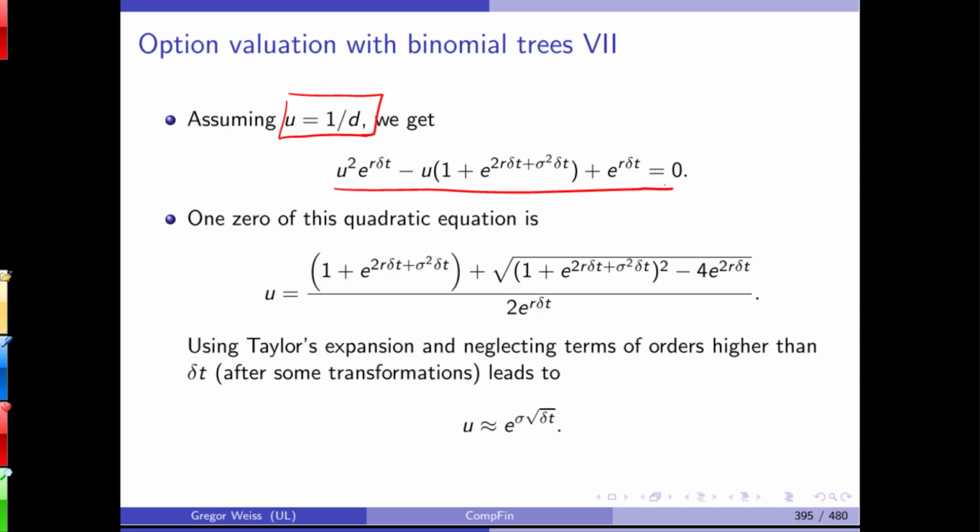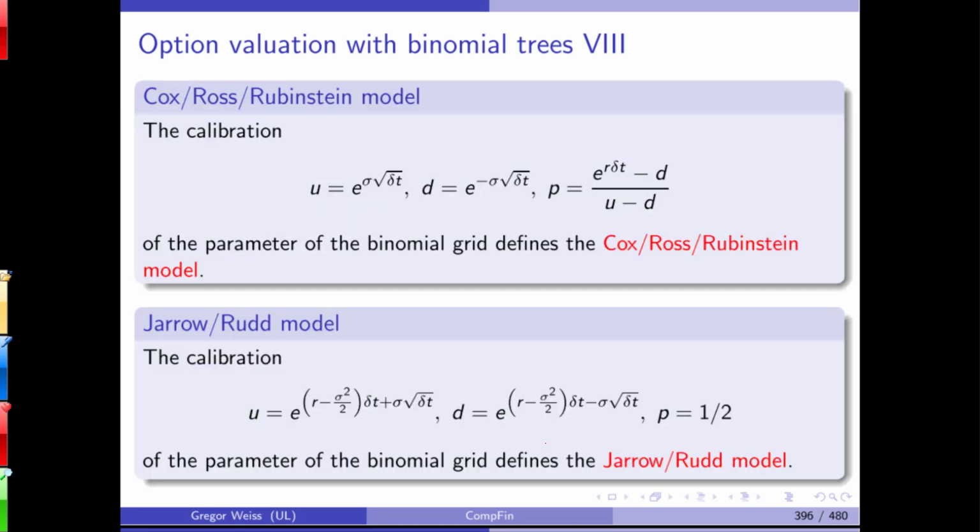And this finally leads to u equal to the exponential function of σ times the square root of Δt. So this is this here. And this calibration of the binomial model to approximate the continuous time stochastic process is the famous Cox-Ross-Rubinstein model, the CRR model.